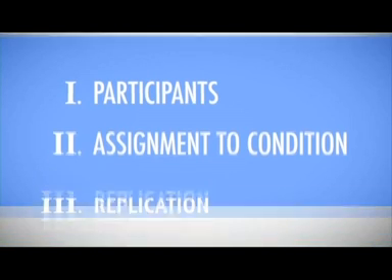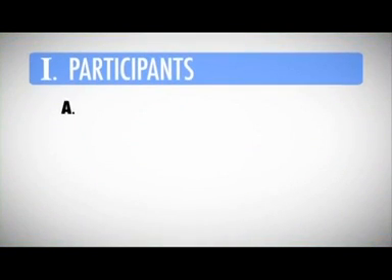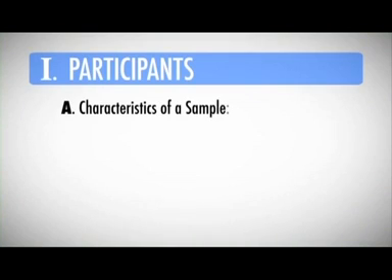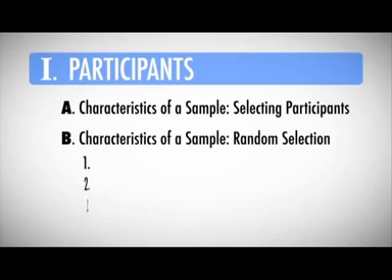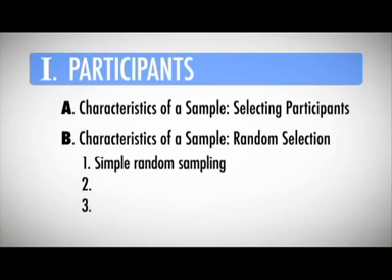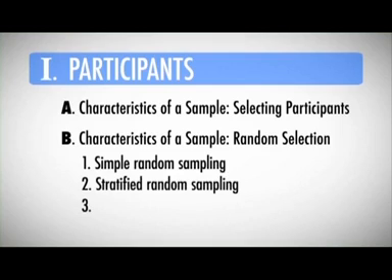Within our discussion of participants, we will explore the characteristics of a sample, including strategies for selecting participants, the difference between population and sample, and why it is necessary to narrow the number of participants in the study. We will discuss random selection in its three forms: simple random sampling, stratified random sampling, and proportional sampling.